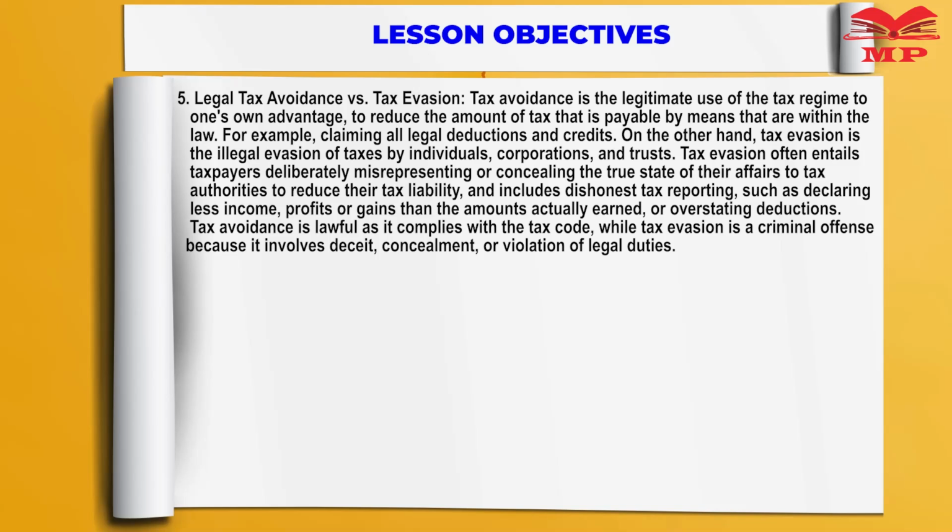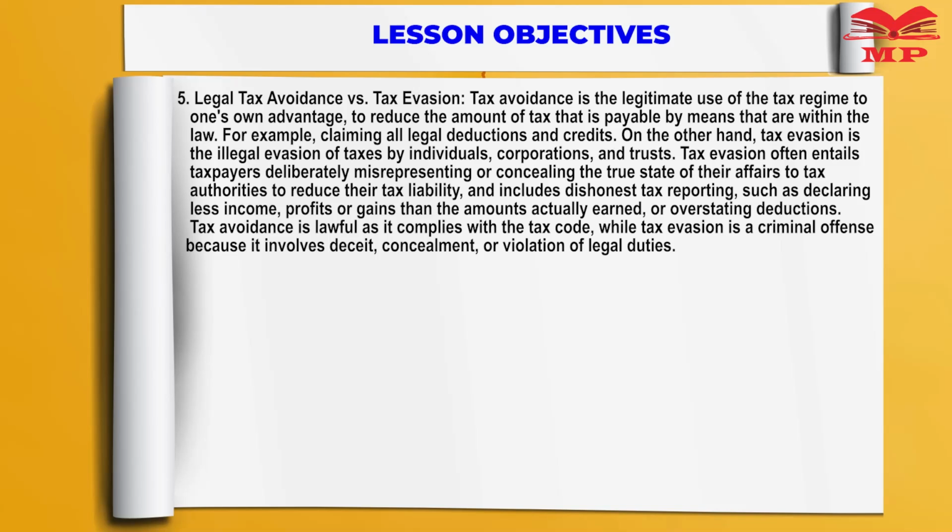Tax evasion often entails the taxpayer deliberately misrepresenting or concealing the true state of their affairs to the tax authority to reduce their tax liability. It includes dishonest tax reporting, such as declaring less income, profit or gains than the amount actually earned, or overstating deductions.